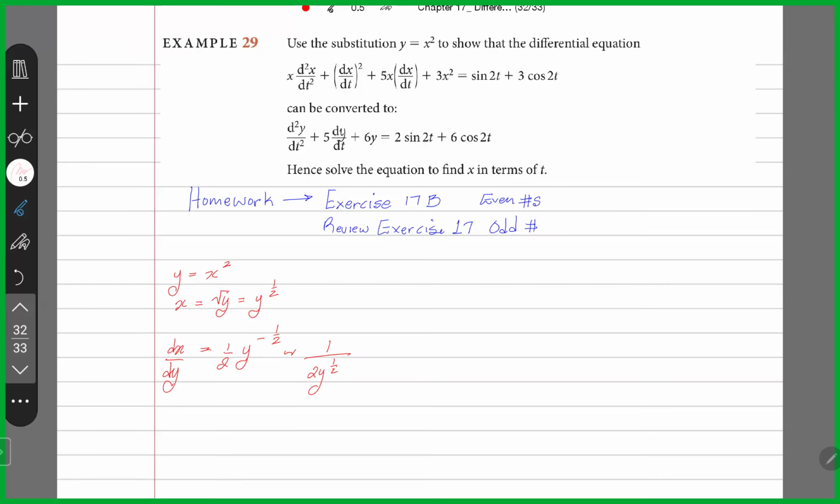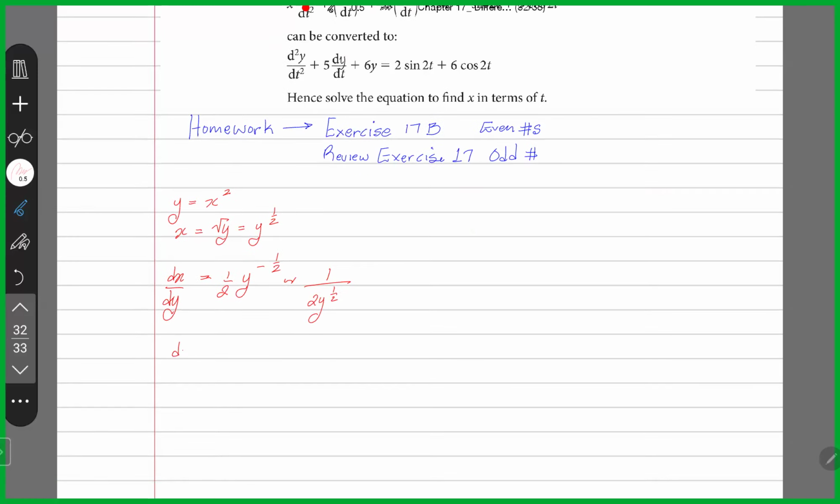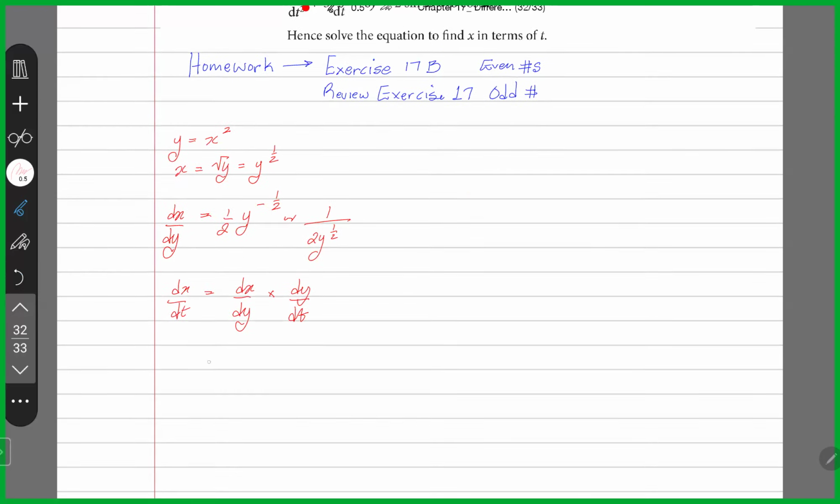All right, that's dx by dy, but I need dx by dt. So this would be dx by dy times dy by dt. So dx by dy is 1 over 2y raised to the half power, times dy by dt.